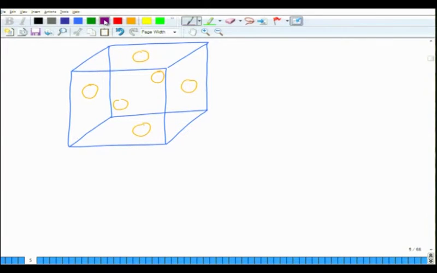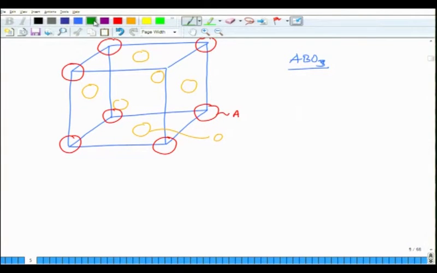Let's write the formula, ABO3. So there are 3 oxygen atoms, right? Half, half, half, half, half, half. So 3 oxygen atoms. Let's say the A atom is the bigger cation, it goes at the cell corners. This is A and this was oxygen, and the B atom is the smaller cation, which is B.